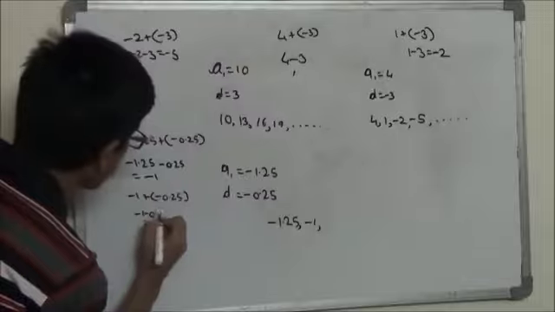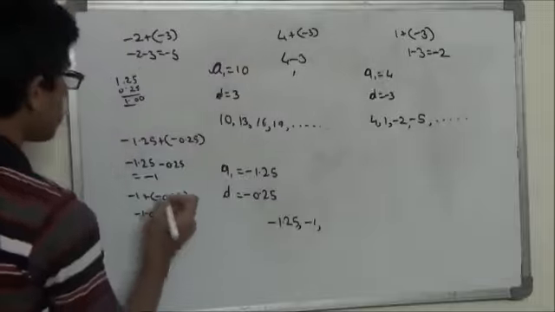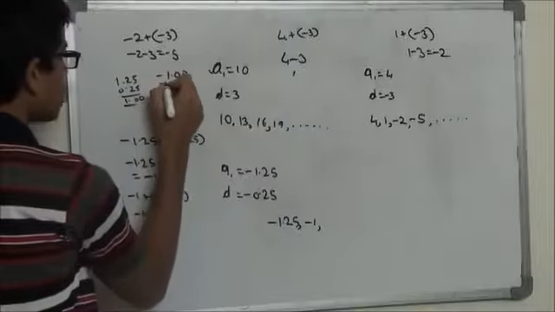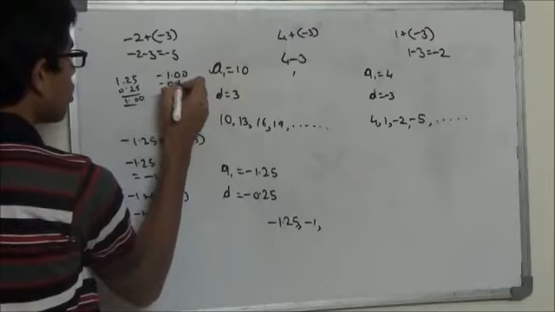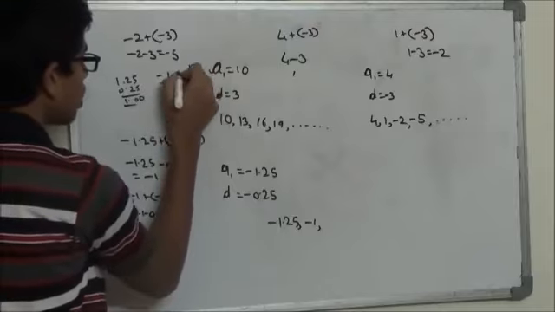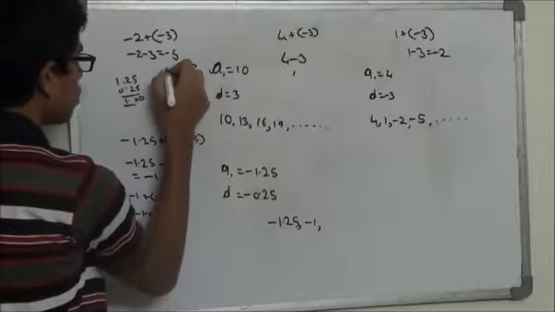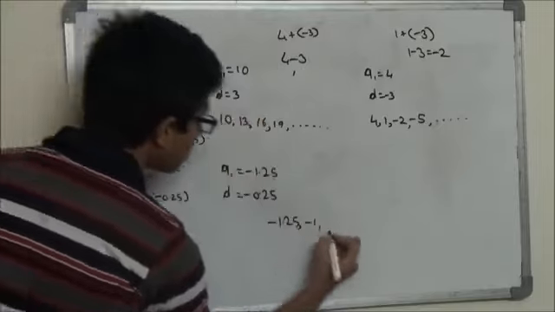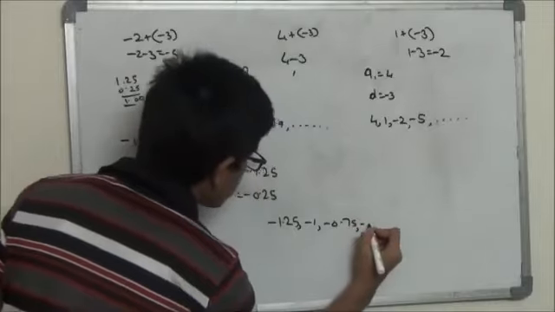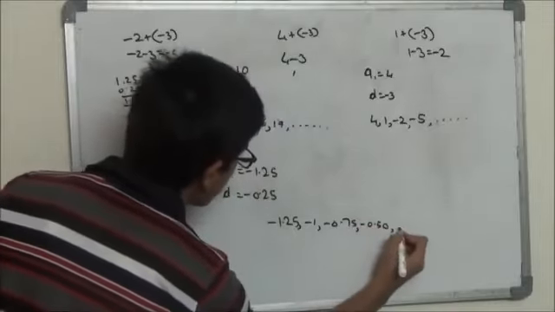Minus 1 minus 0.25 is minus 1.25. Minus 0.75 and the next term will be minus 0.50 and it goes on.